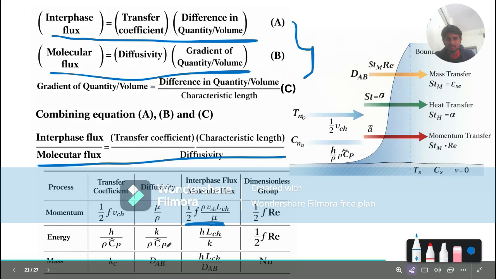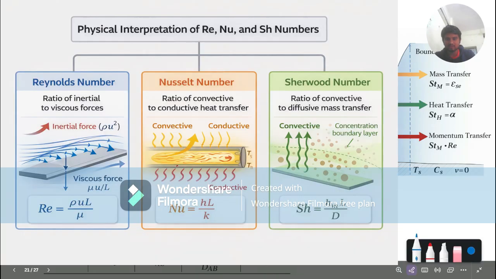In heat transfer, by substituting the appropriate values, we get H LCH upon K, which is also called the Nusselt number. In mass transfer, by substituting the appropriate values of transfer coefficient and diffusivity, we get the dimensionless group, the Nusselt number in mass transfer, also called the Sherwood number.